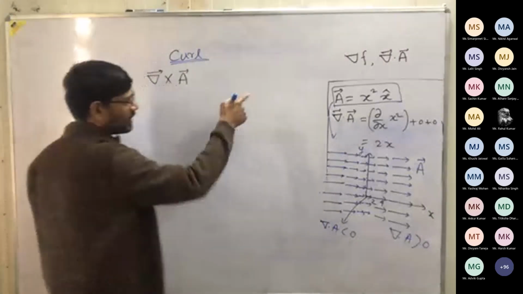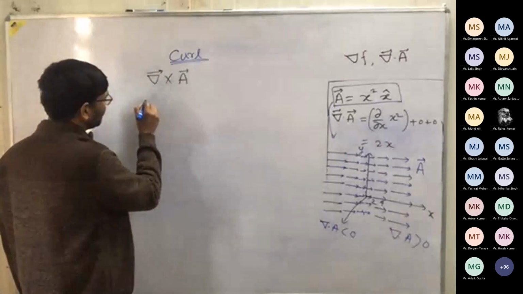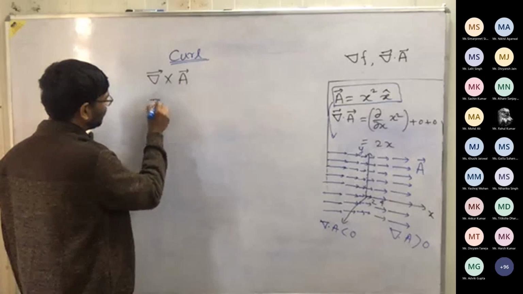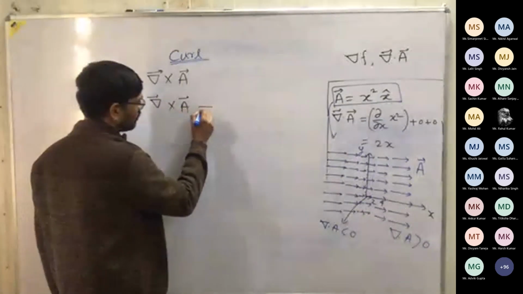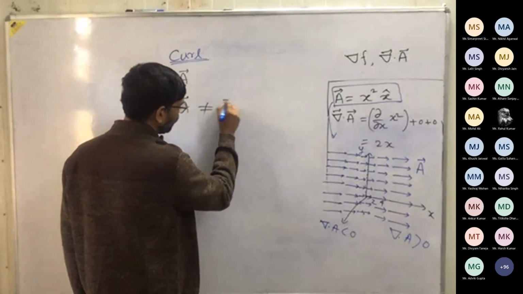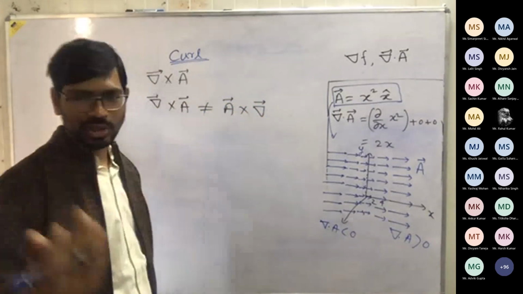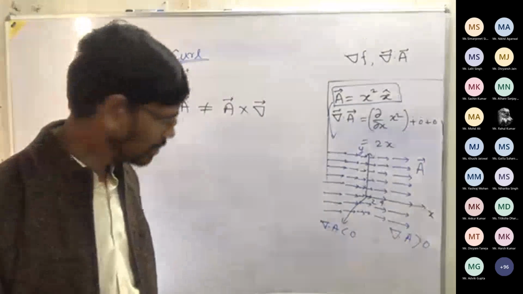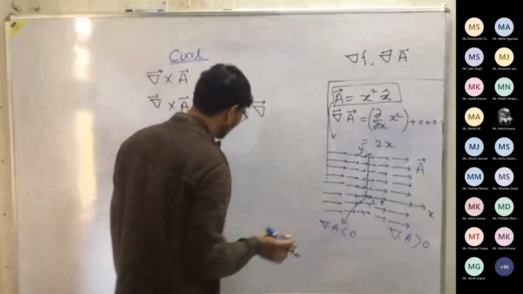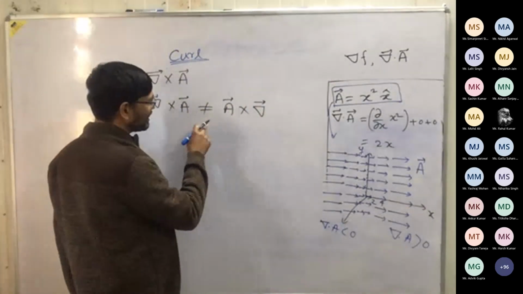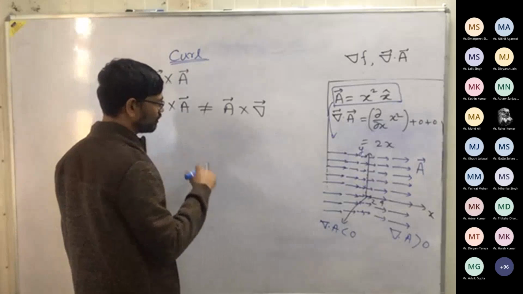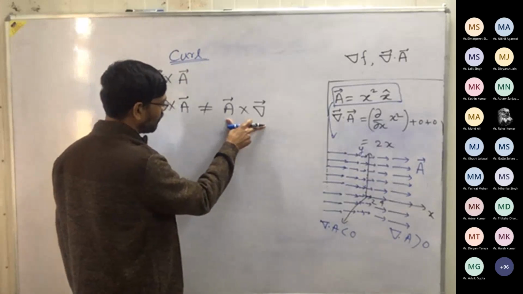But again, like the divergence, this quantity is not equal to A cross del. Obviously the cross product does not commute. It would be a big mistake, because this is again an operator.